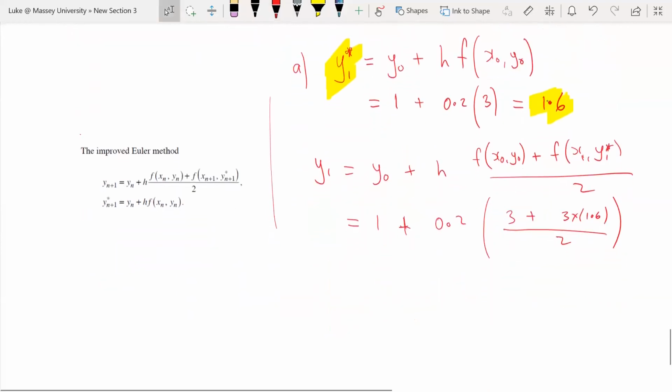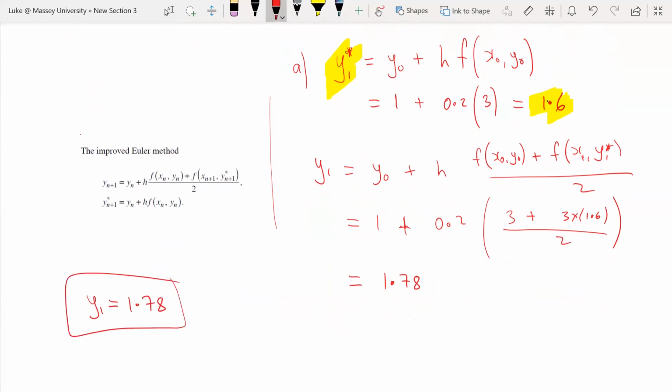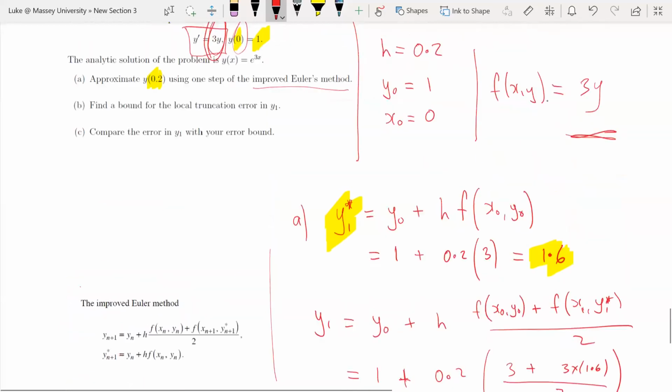Basically you just want to put that into your calculator, and if you do that, you should find that this is 1.78. So in other words, y1 is 1.78. That's our approximation of the exact solution at 0.2.